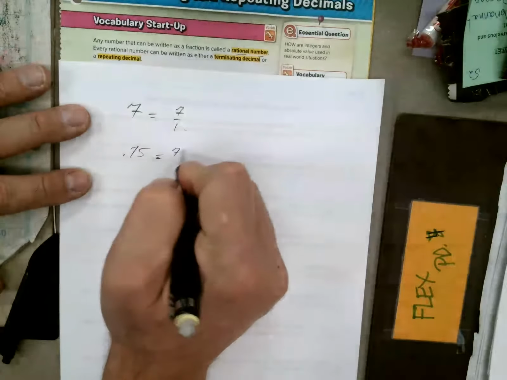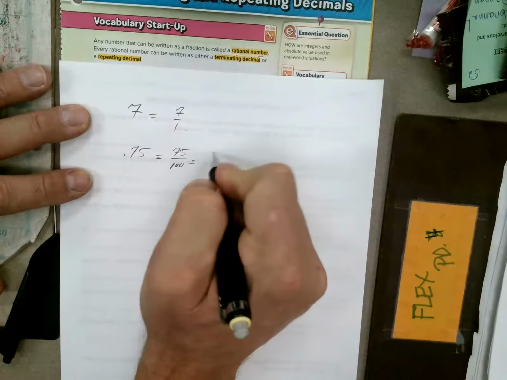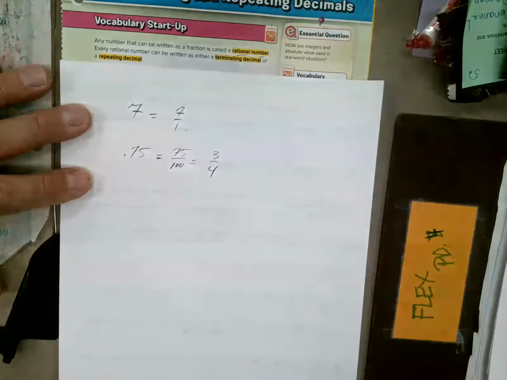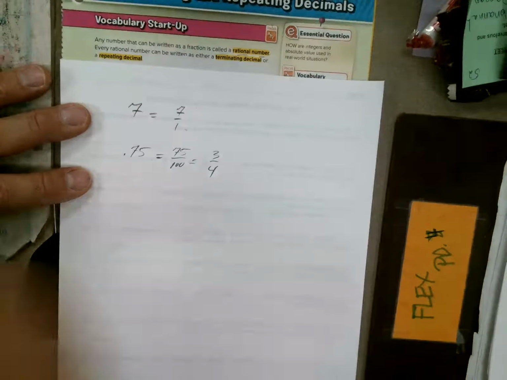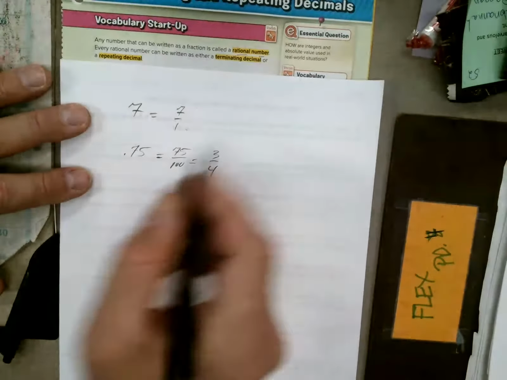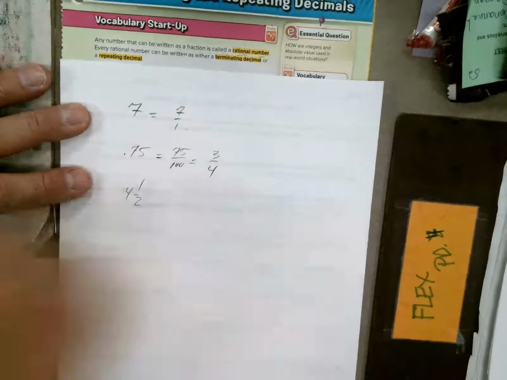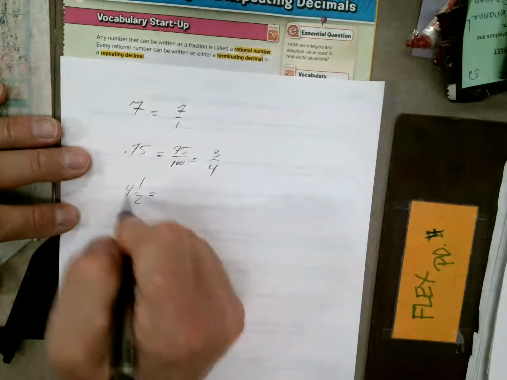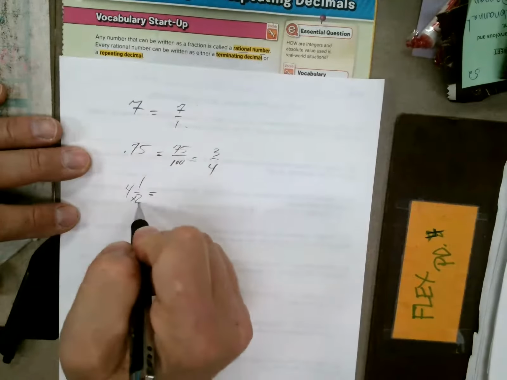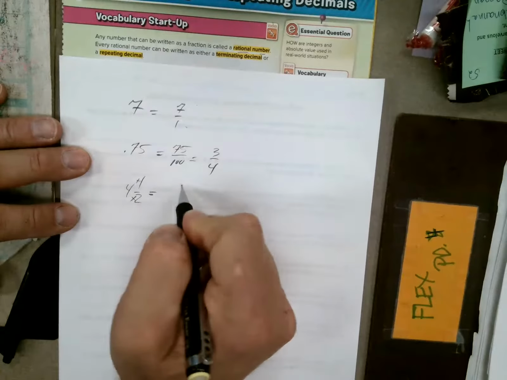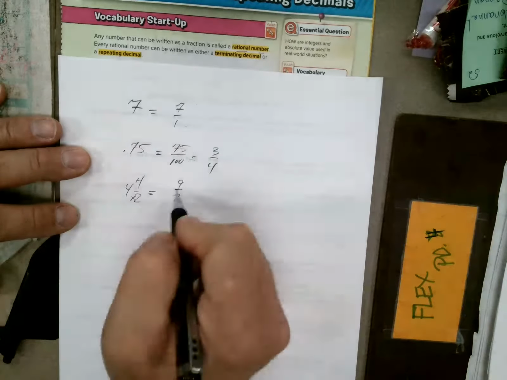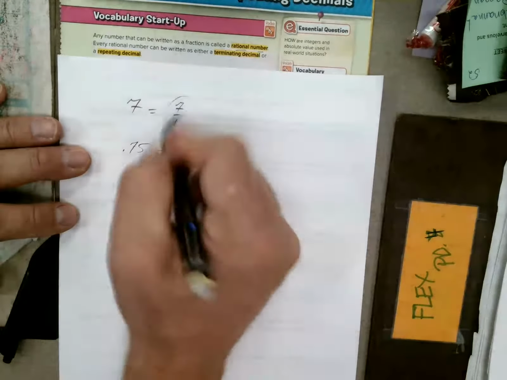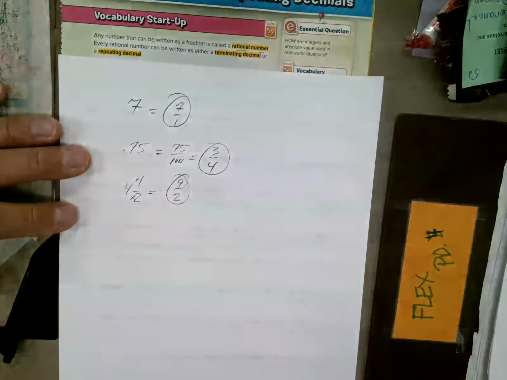Sure, 75 hundredths is 75 over 100, and that reduces down to 3/4. Again, it has to be A over B form. If I gave you 4.5, if I said put that in as a rational number, we would switch that to an improper fraction. 2 times 4 is 8, plus 1 is 9 over 2. So rational, rational, rational.